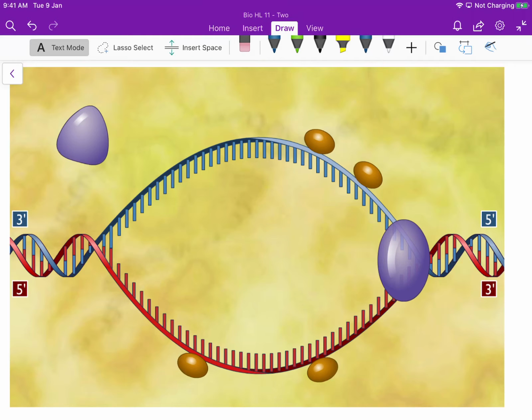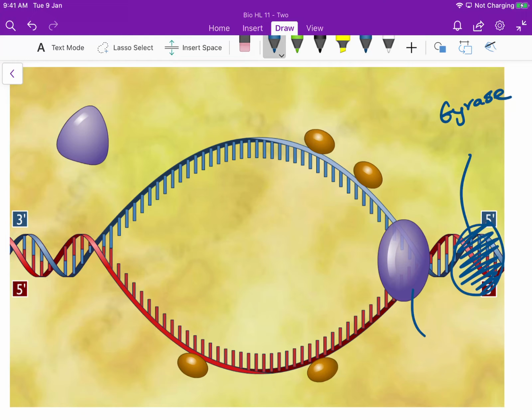So here we have a section of DNA where ahead of it, the protein that we just talked about, gyrase, would be ahead here. We don't usually label gyrase on any of these DNA replication diagrams. But we can see that there's something else there. We've got another protein which is unwinding the DNA double helix. It's separated it into two strands.